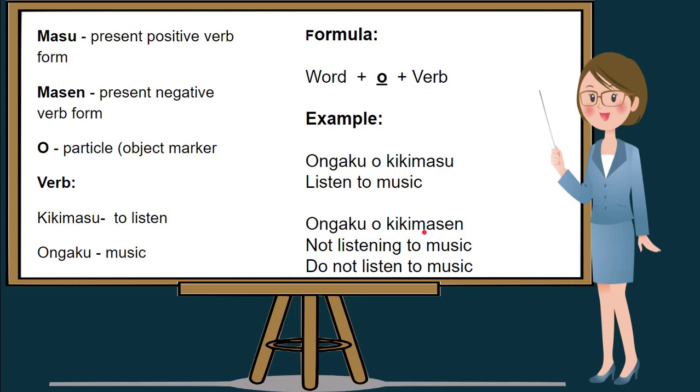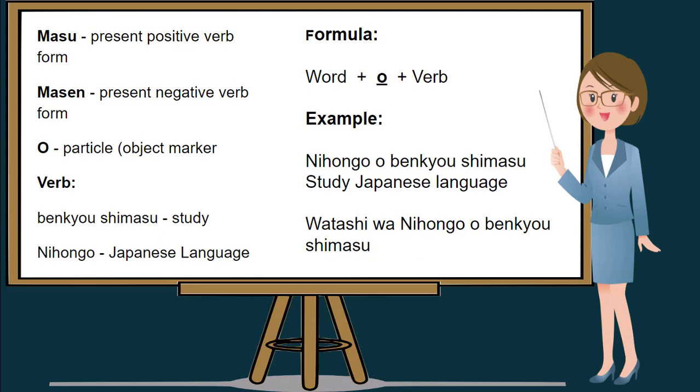Very good. Let's try to create another sentence using mas, masen, particle o, and the verb benkyoshimasu, which means to study, and Nihongo, which means Japanese language.